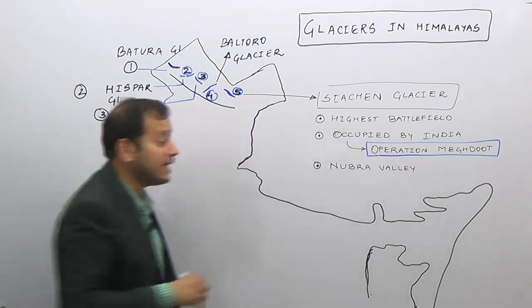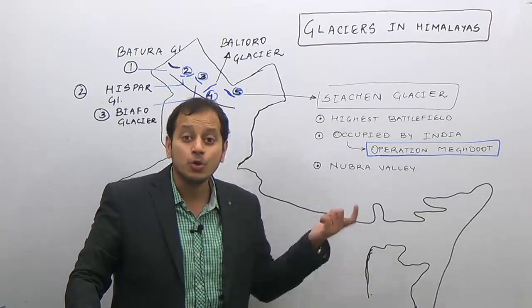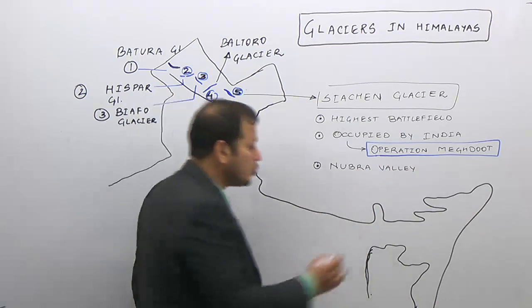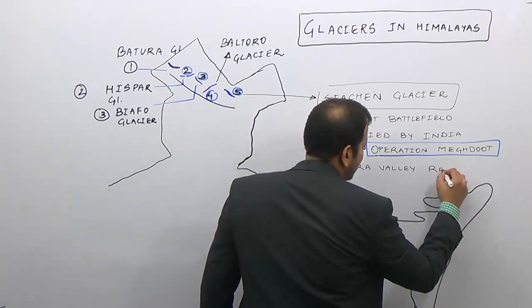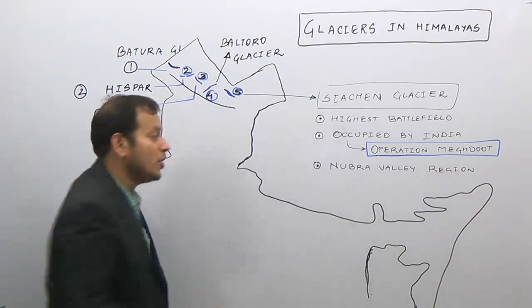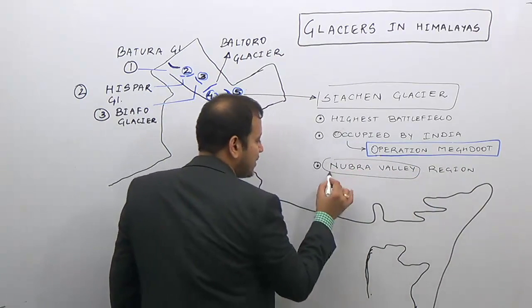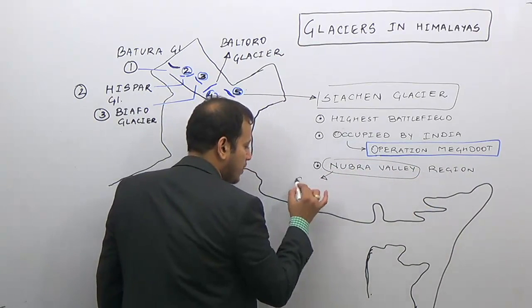The Siachen Glacier is located in the Nubra Valley region. Nubra is a river, and the river Nubra is a tributary of the river Shyok.